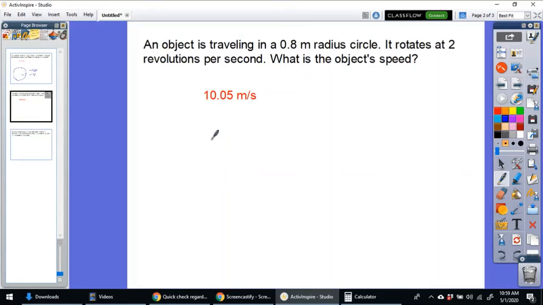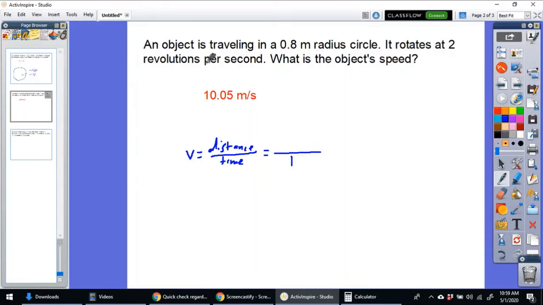This is the same idea. It's just that instead of giving you the time it took to do 1 circumference, you're still going to use the same distance over time formula. You just have to say, oh, this does 2 revolutions every second. So the time is 1 second, right?